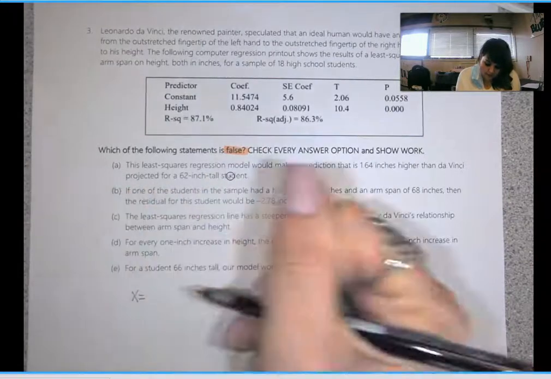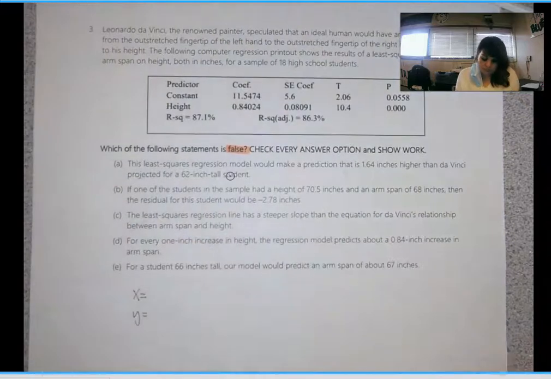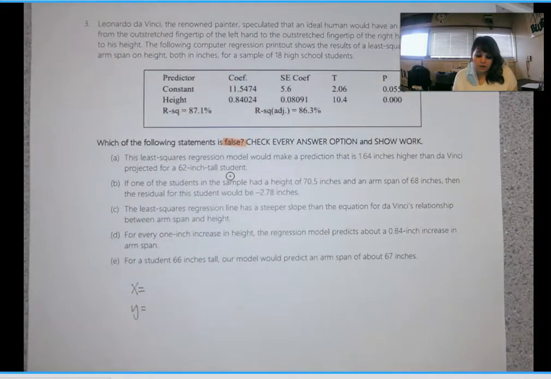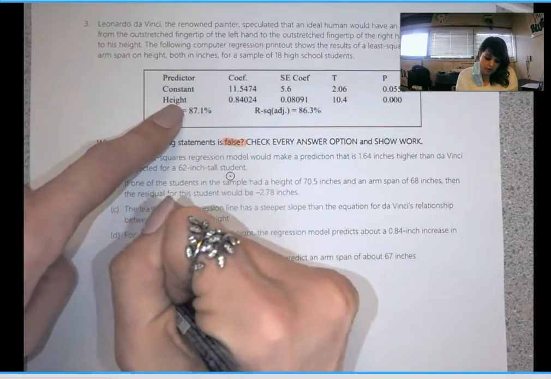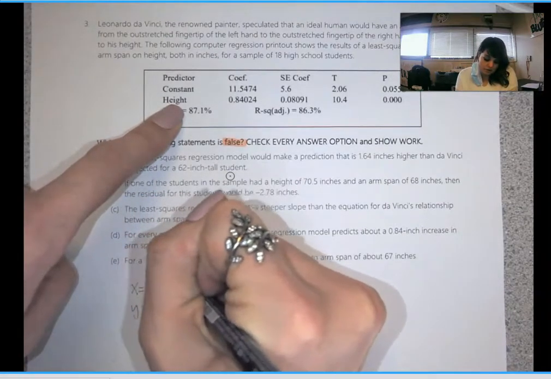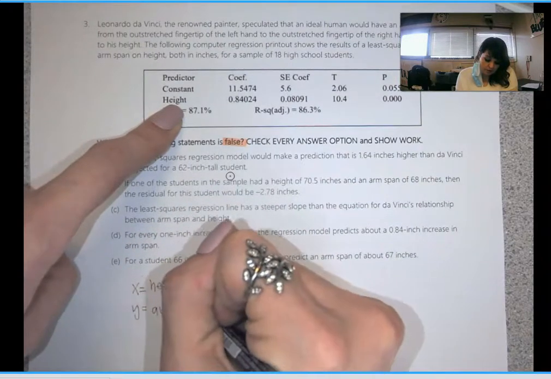X equals, y equals. They don't really tell us in the prompt what x is, but we know from the computer output, because it gives it to us, that the x is going to be height, which means the y is going to be arm span.